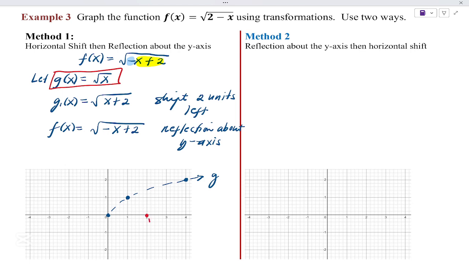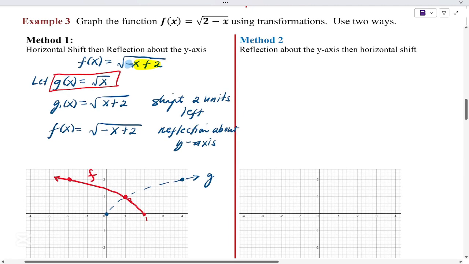Next is this point, shifting 2 units to the left and then reflecting about the y-axis. So the second point. Then for the last point, 2 units to the left and then reflecting about the y-axis. So the graph of f will be like this. So this is your f.